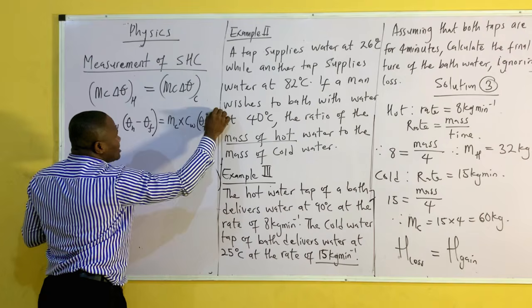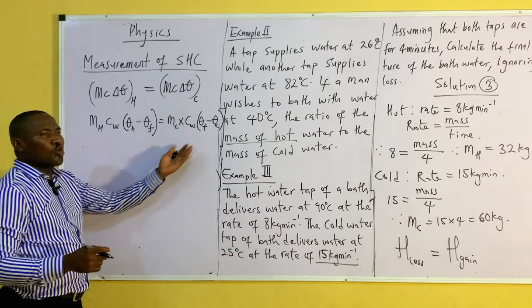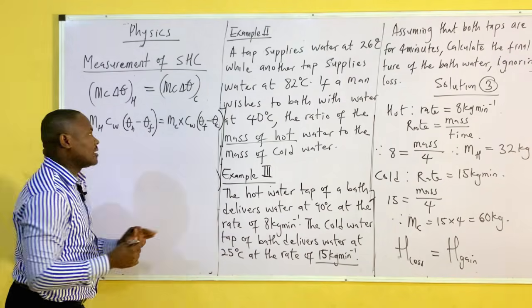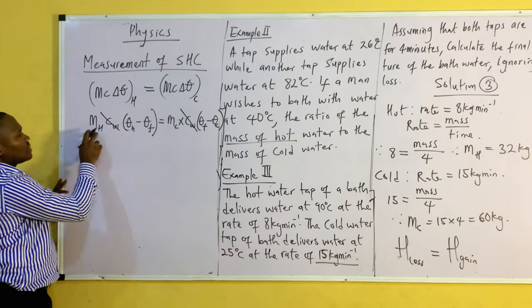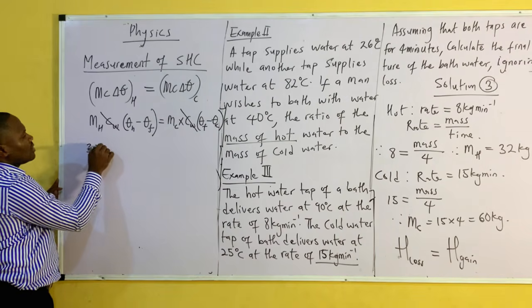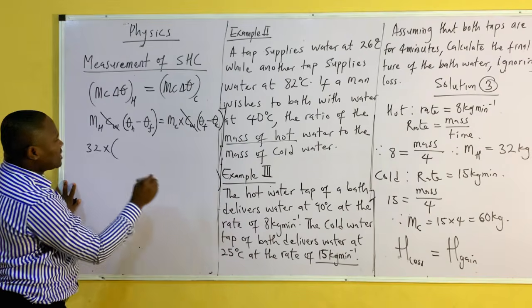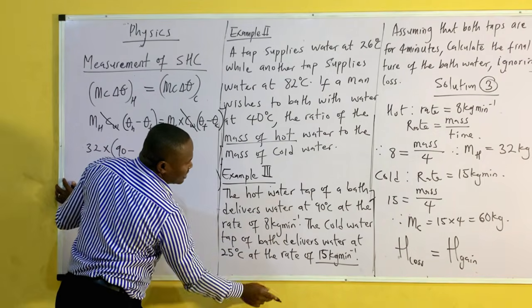I've explained this to know how temperature changes are done, because the cold will rise to final, the hot will fall to final. Now, the mass of hot we've solved is 32 times the temperature change. It's changing from hot, which is 90, minus the final.